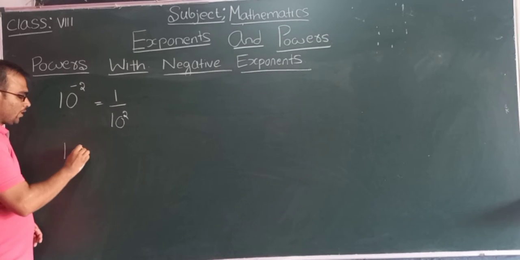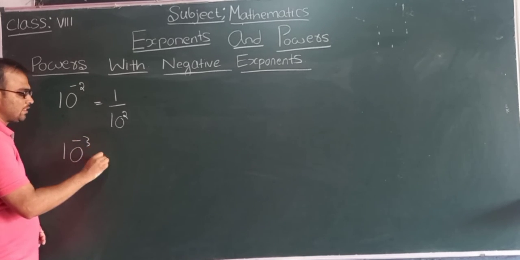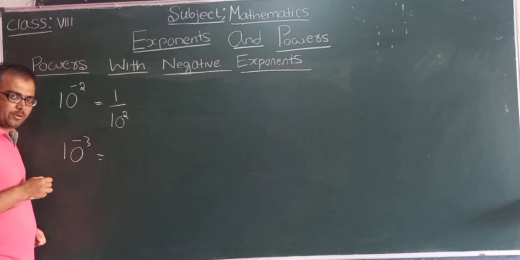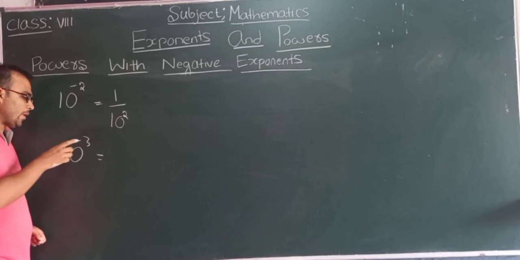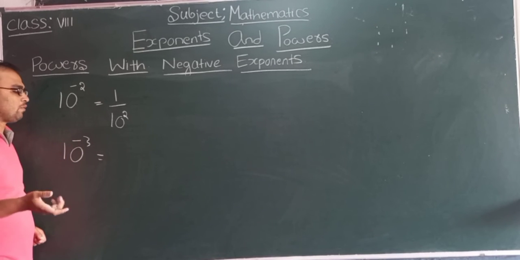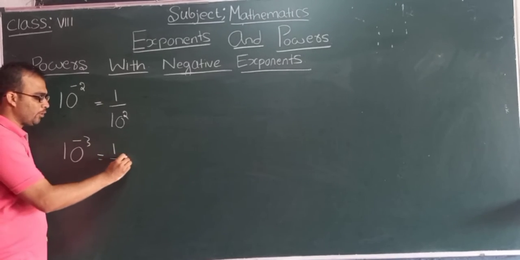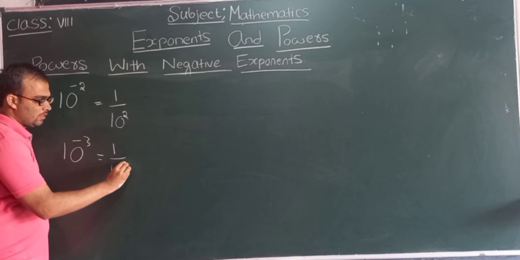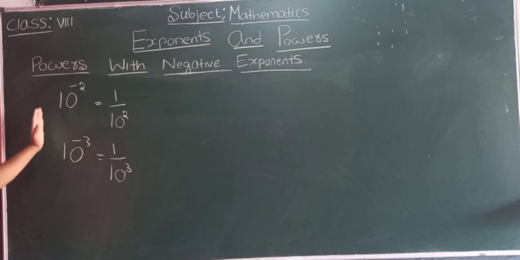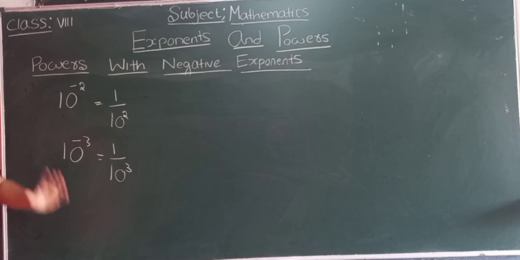Suppose 10 to the power minus 3 is there, and the power is negative. If you want to express this negative power in terms of positive power, then again you need to reciprocal the number, that is 1 by 10 to the power 3. So in this way also we can get the value of exponents.